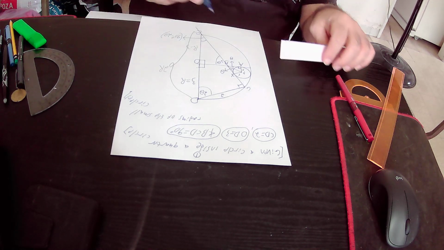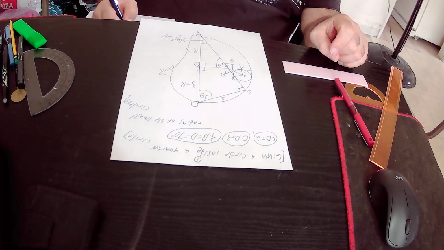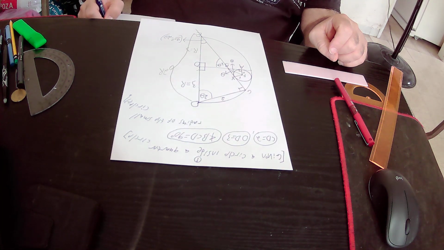So on triangle EBO, tangent theta equals OE over OB.